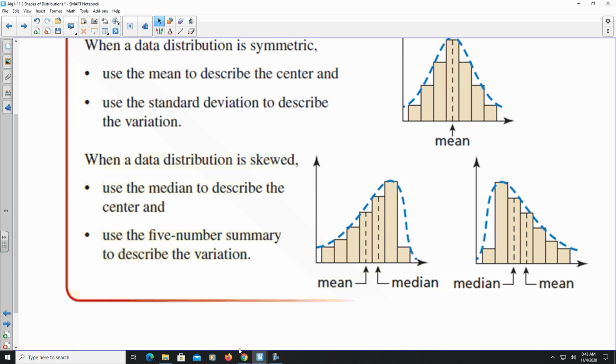When the data distribution is skewed, usually you're going to use the median to describe the center, and then you'll use the 5 number summary to describe your variation, like your first quartile, your third quartile, largest value, smallest value, stuff like that.